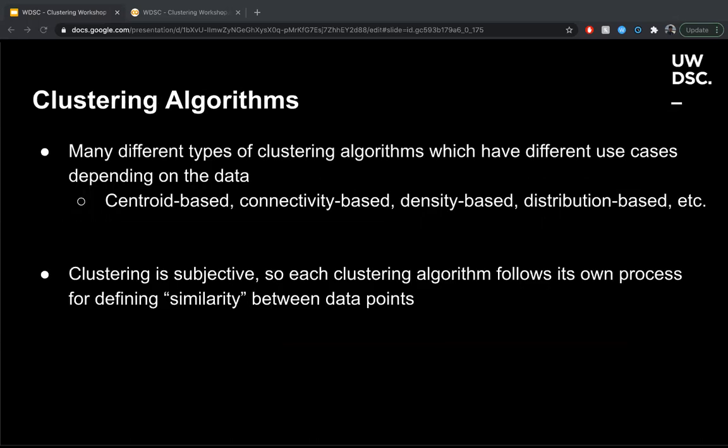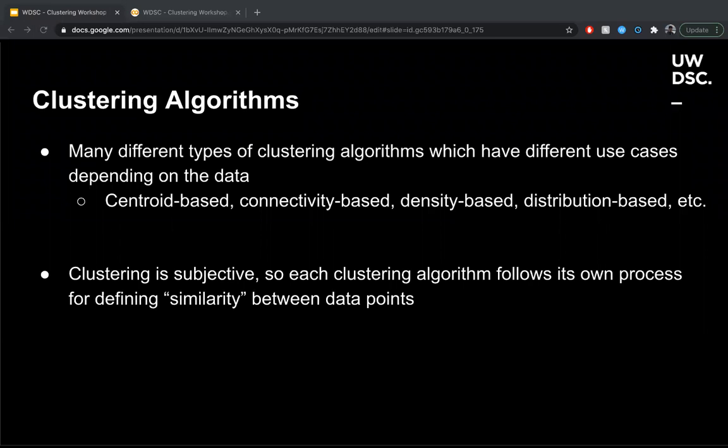But we'll move on to the clustering algorithms. There are over 100 different clustering algorithms, and each type has different use cases depending on the data, and they each follow their own process. As I said when I was defining what clustering is, the goal of all of them is to create a grouping such that the points within the cluster are similar to one another.